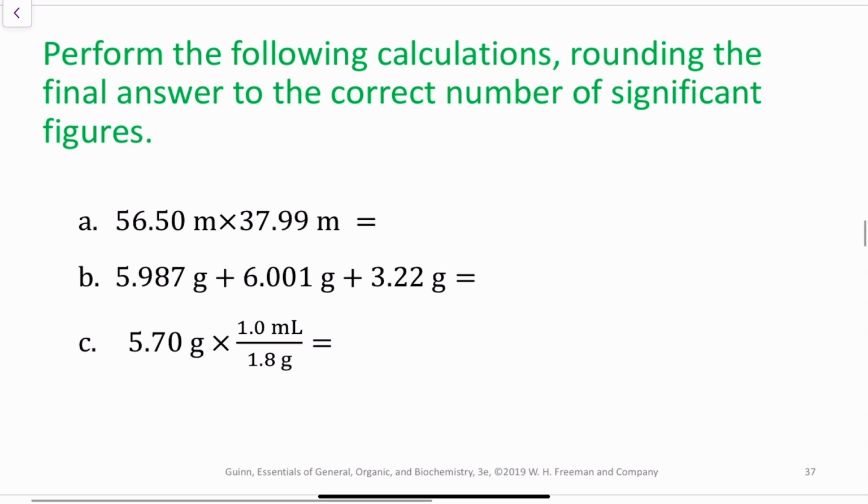So let's try to solve some problems using the rules that we discussed: multiplication and division, and addition and subtraction.